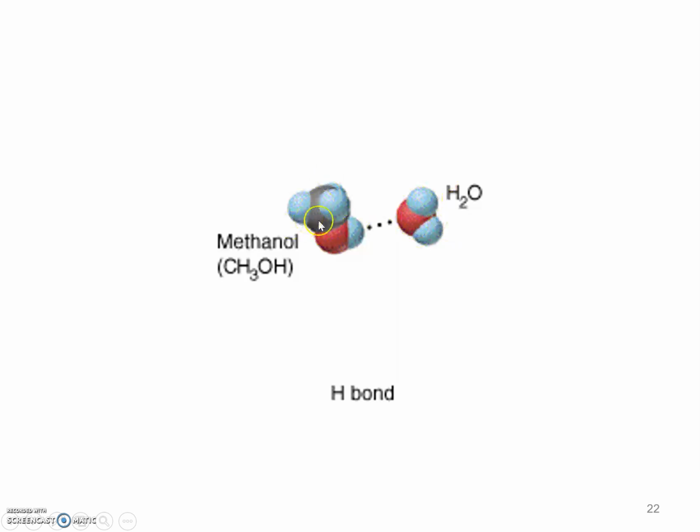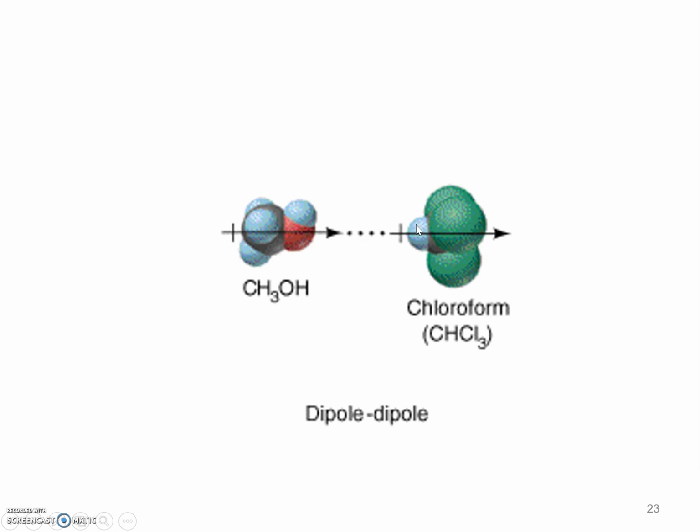But here we have an example of an organic compound. So methanol is an example of an alcohol. And you'll notice that we've got this oxygen here that's bonded to a hydrogen. So the hydrogen is slightly positive and it's going to be attracted to the slightly negative part of the water molecule. Alcohols are miscible with water, generally speaking, because of these interactions between the hydroxyl groups and water molecules.